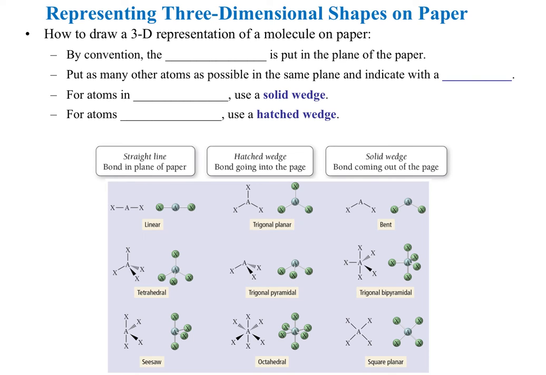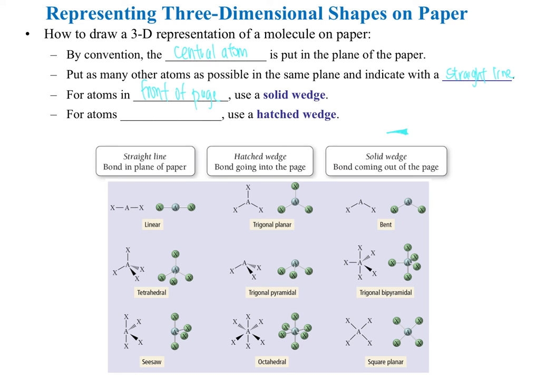So we put the central atom on the plane of the paper. Then you're going to try to put as many atoms as possible in the plane with a straight line. For atoms that are in front of the page, you'll use a solid wedge, such as this, where it's all filled in.